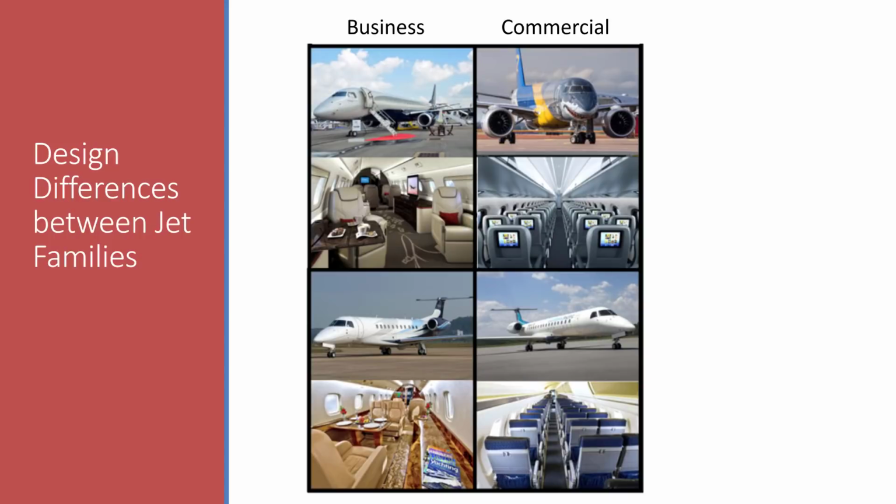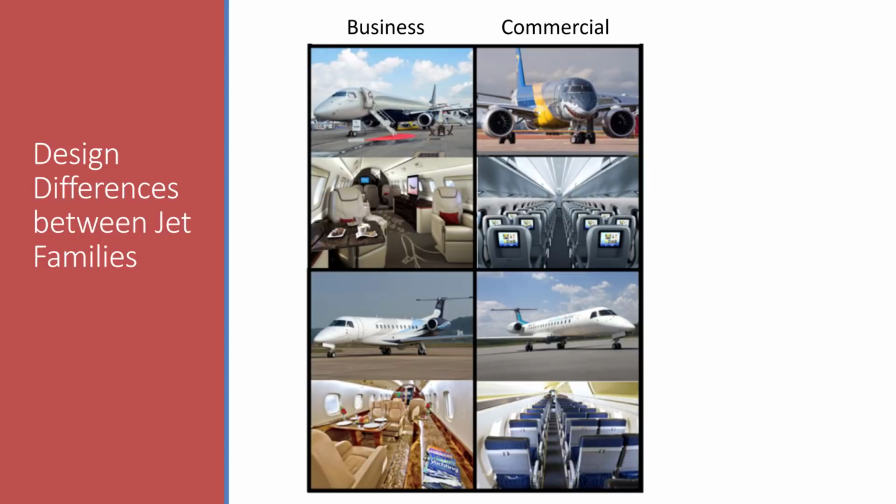But we have these differences. Like the first one here, business versus commercial. Usually commercial aircraft are bigger. If you look at the second row of pictures, you have the seating arrangements. Commercial aircraft try to fit as many people as they can in there.